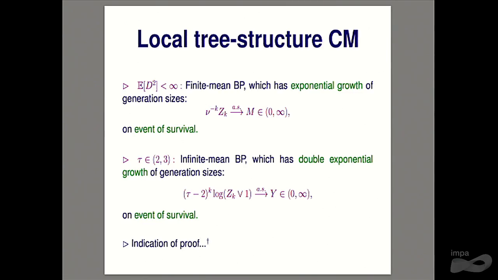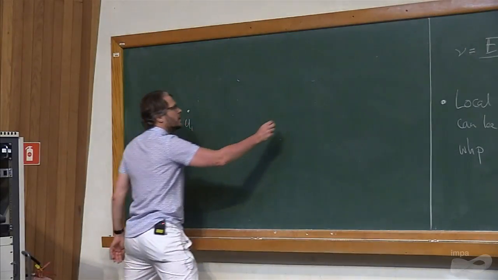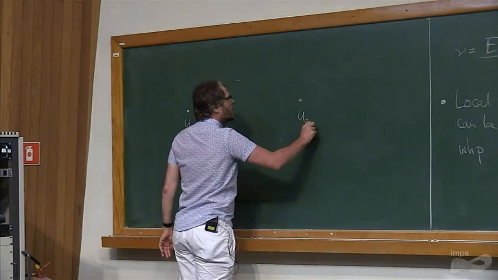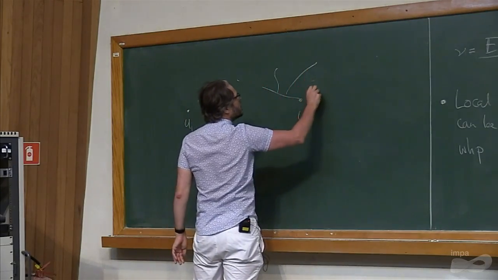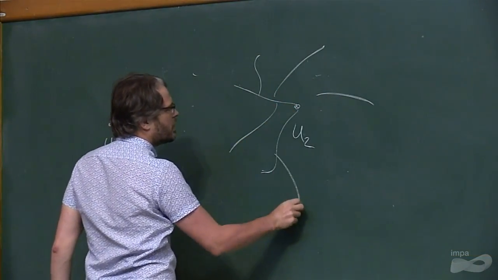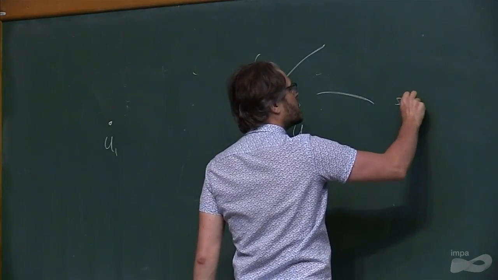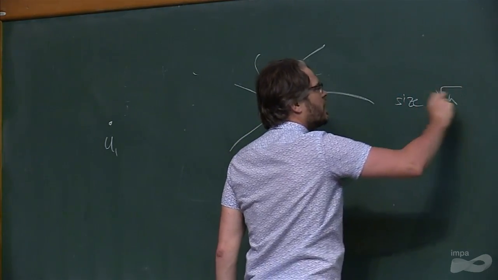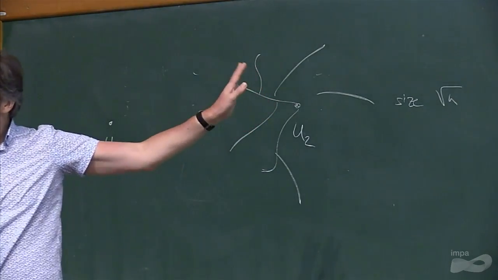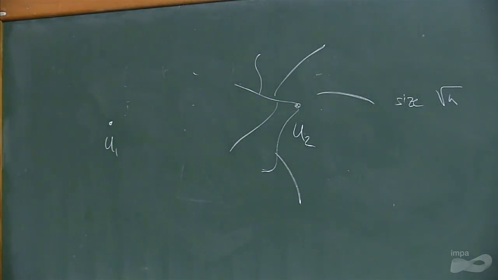is do this from the two vertices that we have, u1 and u2. And you basically grow these until they have size square root of n. Actually, you would need it to be slightly smaller than this, but let's just ignore that.